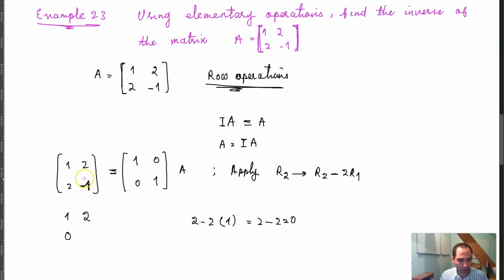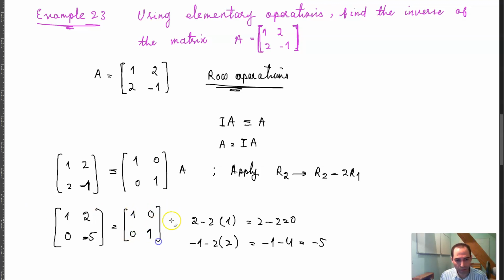And then I have negative 1 minus 2 times 2, which is negative 1 minus 4, equal to negative 5. And that is equal to this matrix 1, 0, 0, 1 times A.